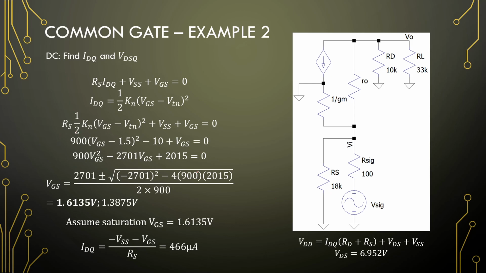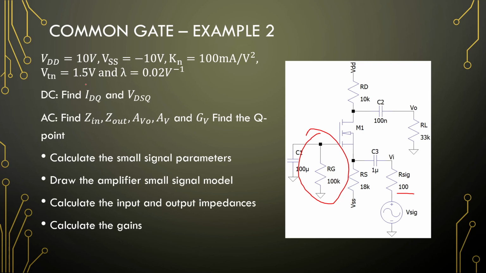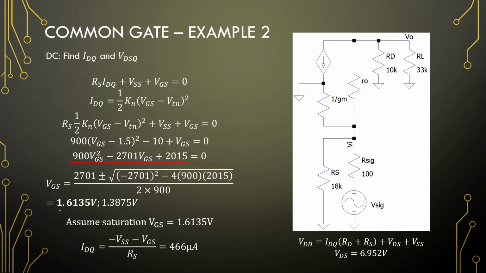So this is something that you need to practice, is to get to these quadratics and solving them. Our threshold voltage is 1.5. So with the assumption that we're in saturation and our transistor is on, 1.6 is our more viable option than the 1.4 volts that we're having here, because for this one the transistor will be off and that one we will be in saturation.